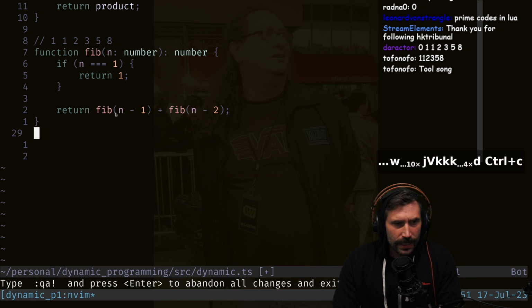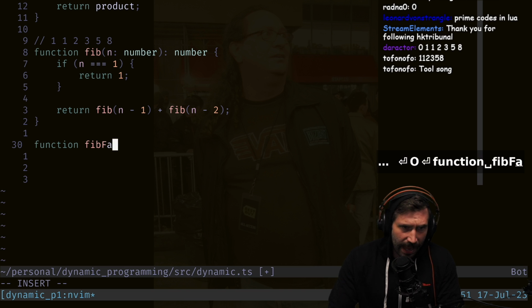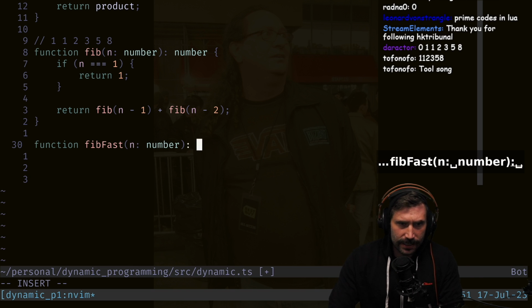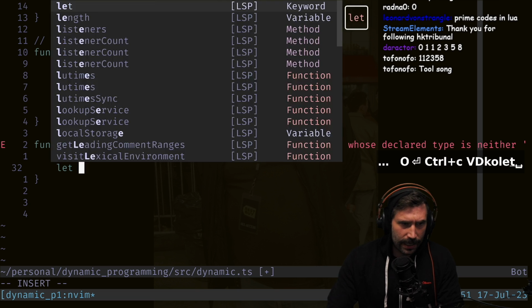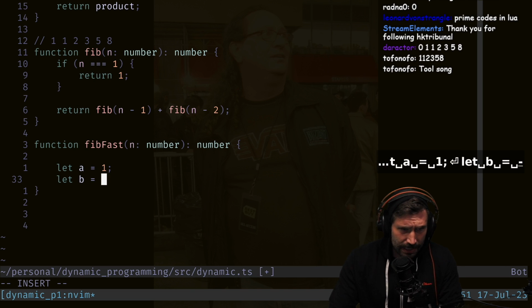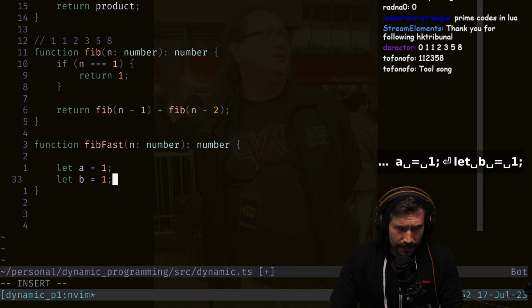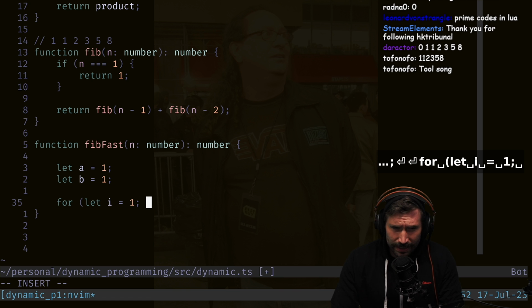Okay, cool. Now, Fibonacci dynamic, of course, fib fast, right, is this. And so that means we're going to go like this. We're going to go let, I guess, A equals 1, let B equals 1, right? And then we have to go like this. For let I equals, what is it? 1, I has to be less than n.